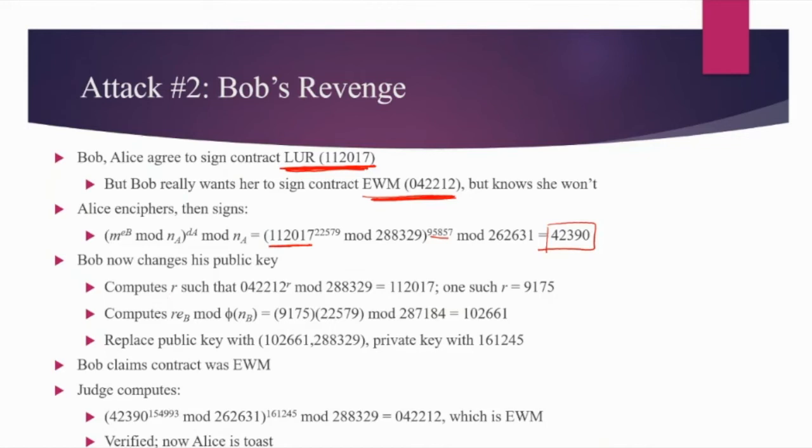Now, what Bob did was, Bob computed an R. Let me rephrase the scenario. Bob wants Alice to sign this, but Alice signed this.